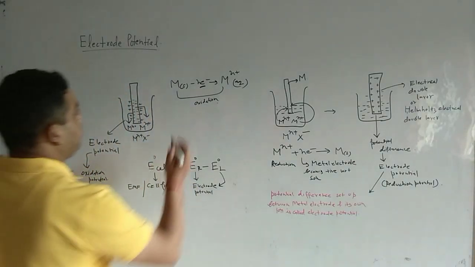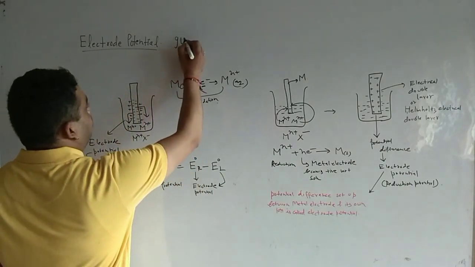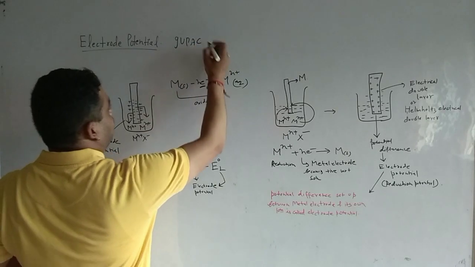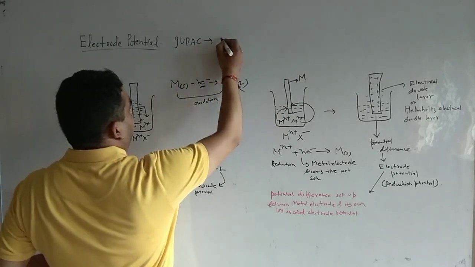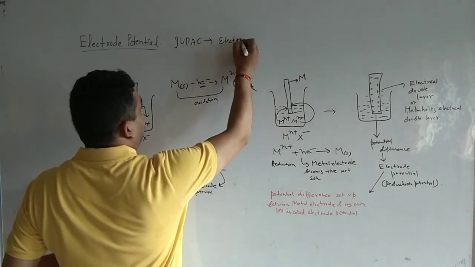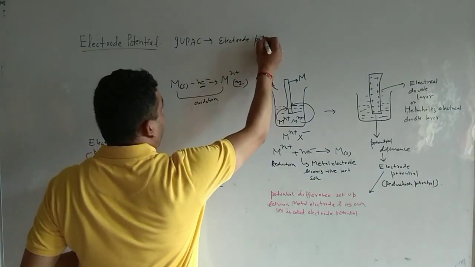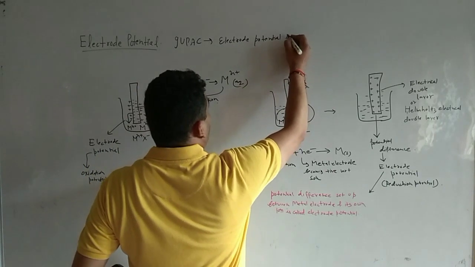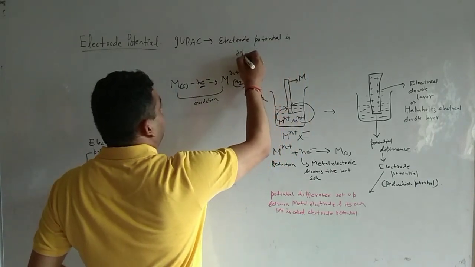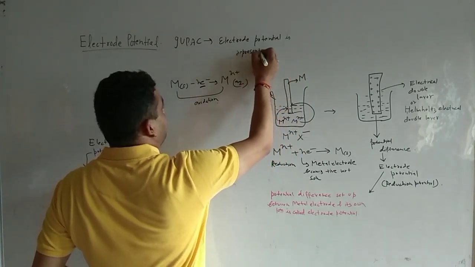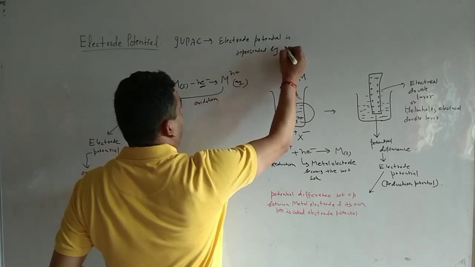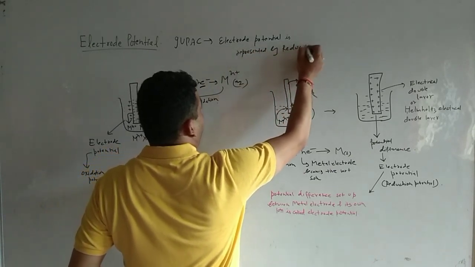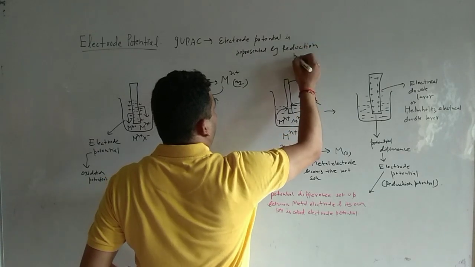This is very, very important. According to the IUPAC convention, electrode potential is represented by reduction potential.